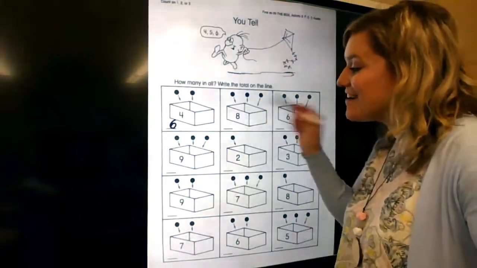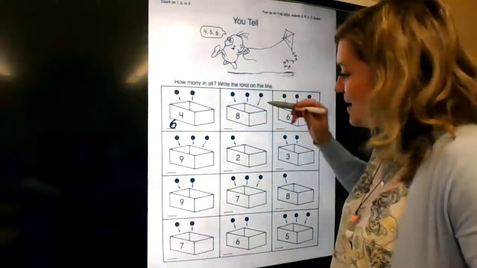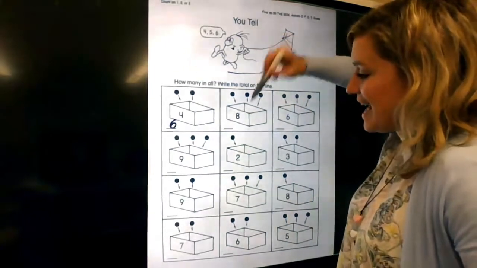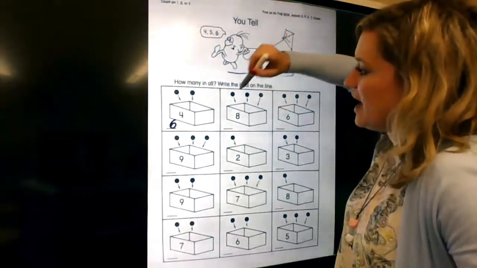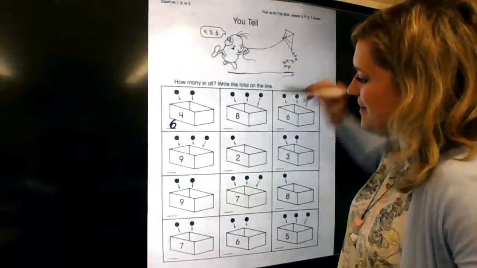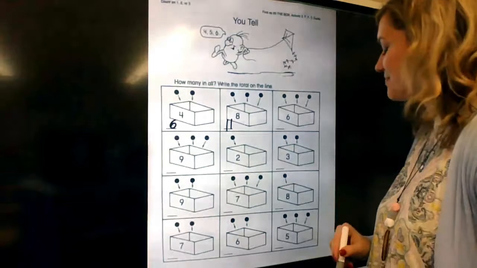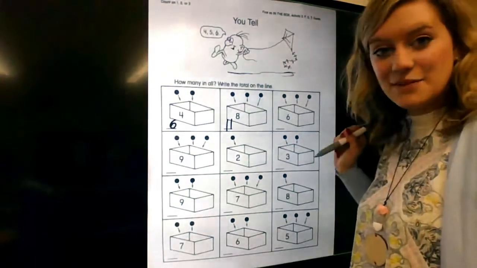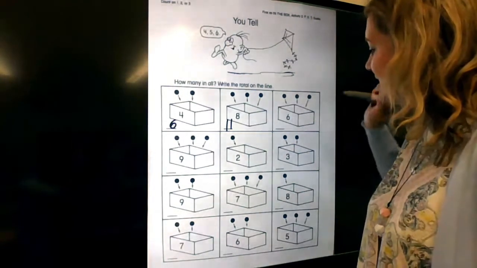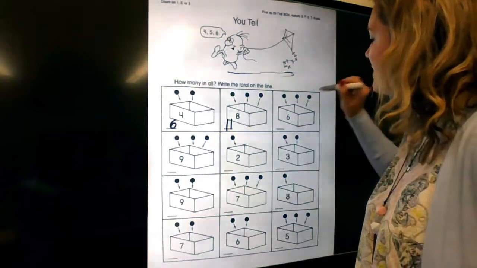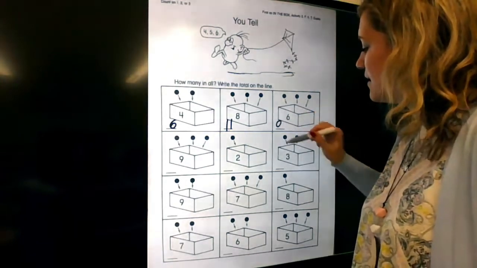Okay. I have 8 things in my box. So we have 8. And we're going to count on. So 8, 9, 10, 11. There is 11 all together. All right, the next one we start with the 6. Ready? 6, 7, 8, 9. 9.